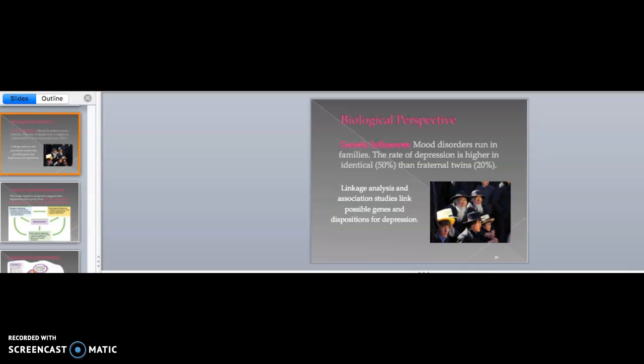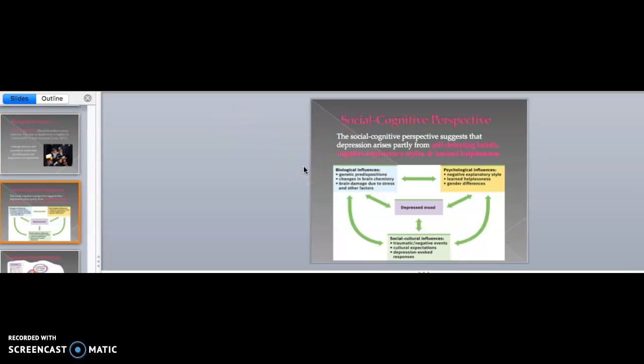So they're interesting people to study, where we can indicate exactly what the influence of genes and the environment is on such a mood disorder. They're particularly vulnerable to bipolar disorder. We've done what's called linkage analysis and association studies to start mapping possible genes that could be dispositions for depression. So we know that it's very highly genetic and tends to run in families.